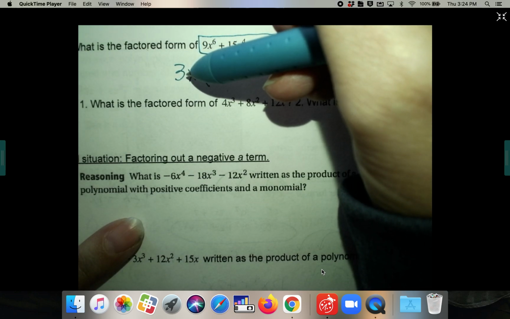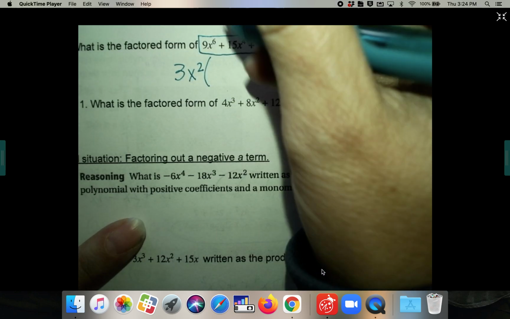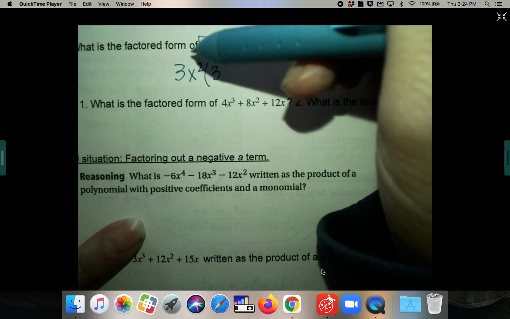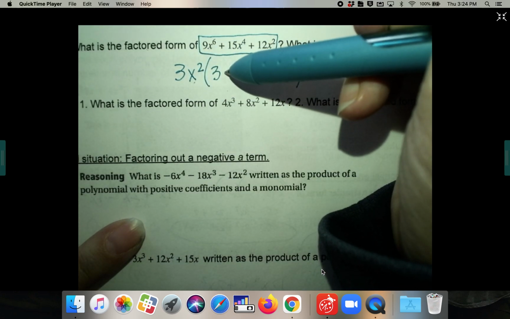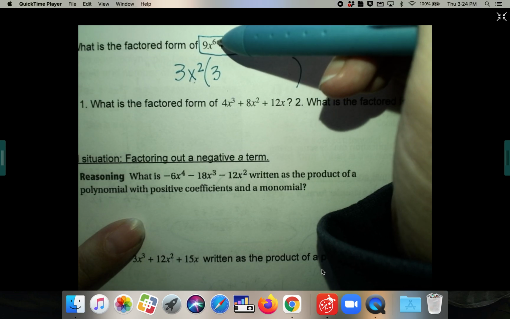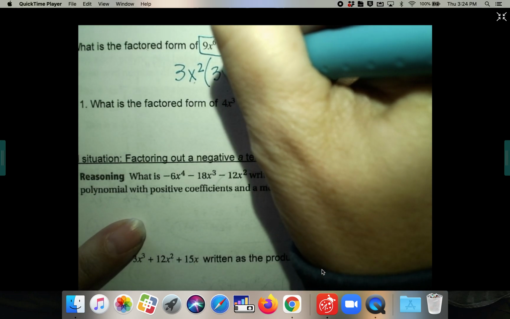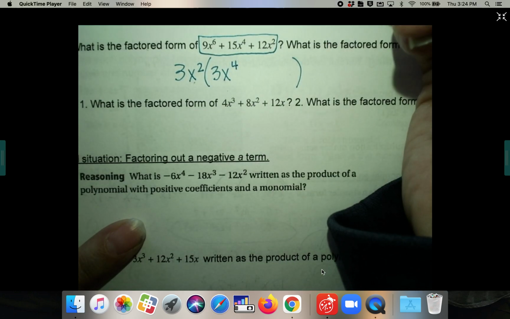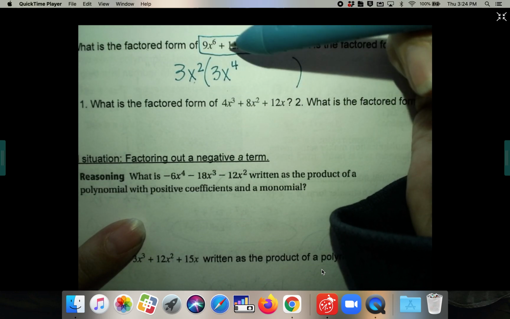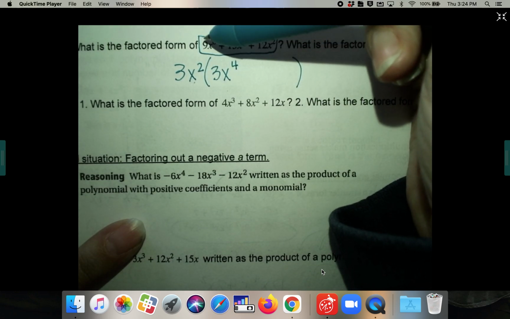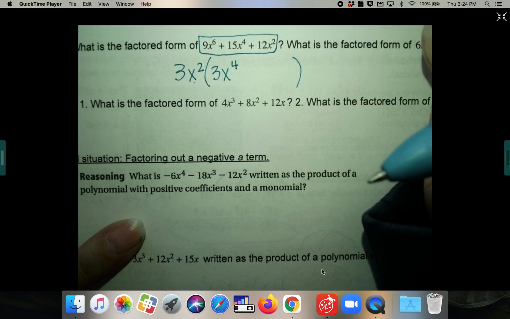So 3 times what is 9? 3. X squared times what would be x to the 6th? Remember, they get added, so there should be 4 of them. So now let's check. If I distributed 3x squared times 3x to the 4th, you should get 9x to the 6th. Okay, let's keep going.